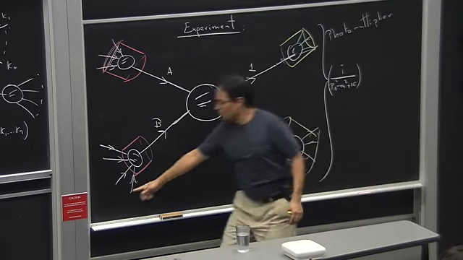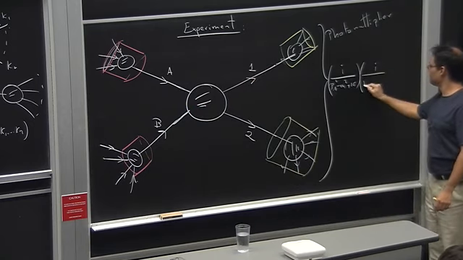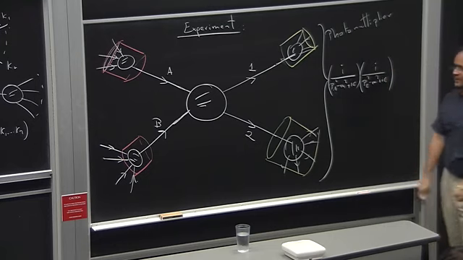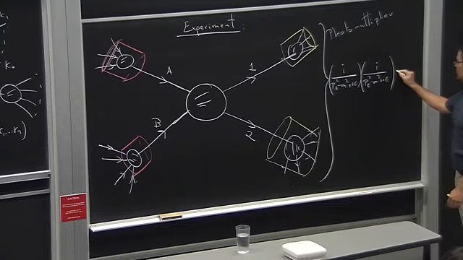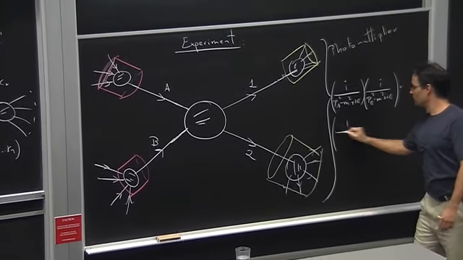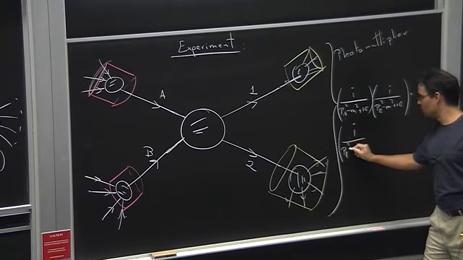It also has a pole of this form, and guess what? It also has a pole of this form, P1 squared.